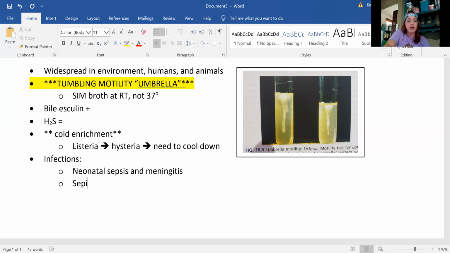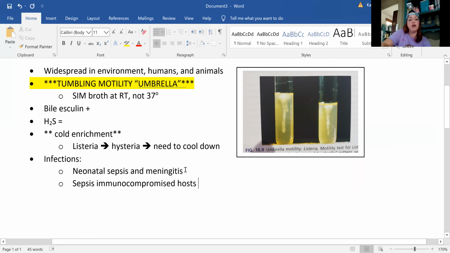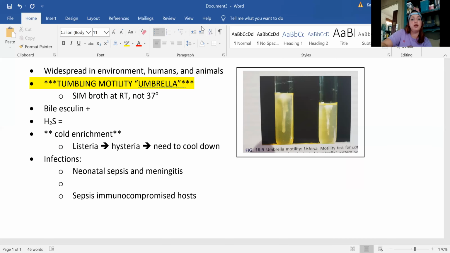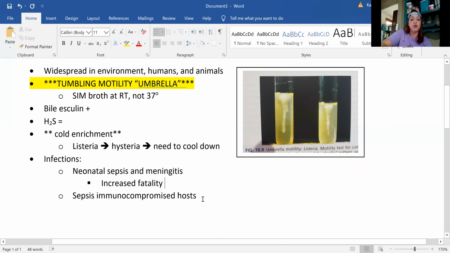It also causes sepsis in immunocompromised hosts, with increased fatality as well. I told y'all, but I'll go ahead and include it too. So increased fatality or morbidity.